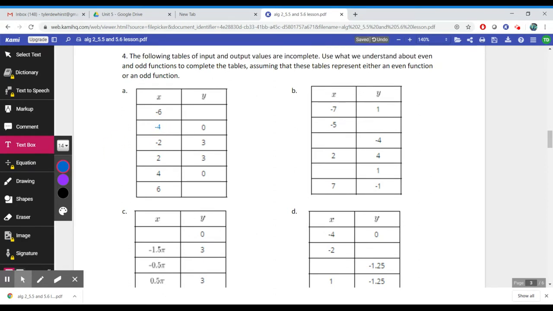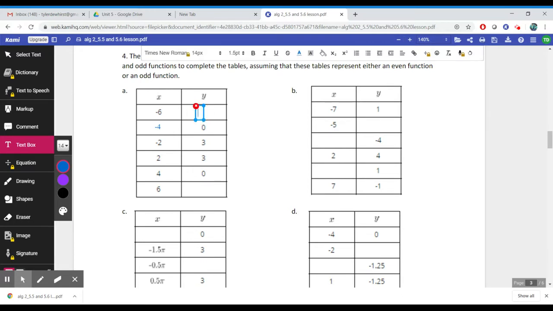We also know that because negative 6 and positive 6 are just opposite signs, their outputs would be the same. So for these two boxes, our outputs could be anything, but they just have to be the same value, since changing the sign on the input should give us the same result.